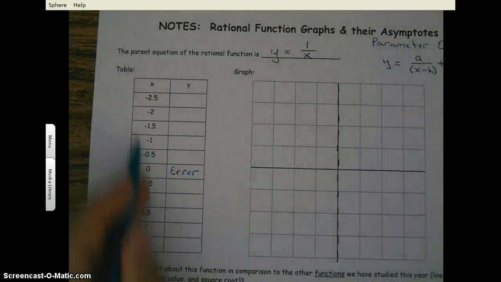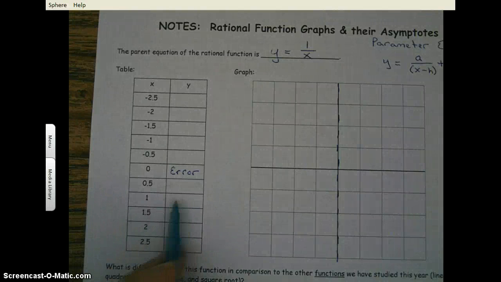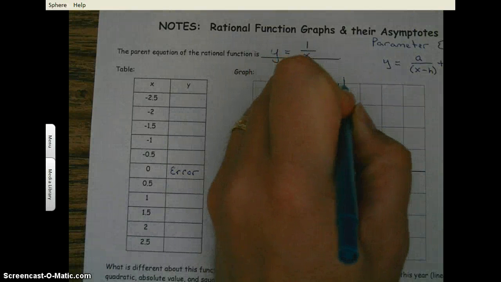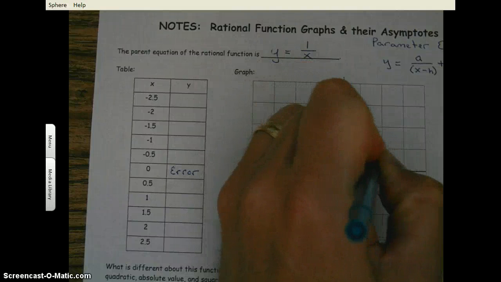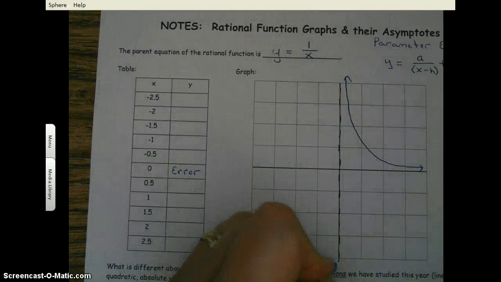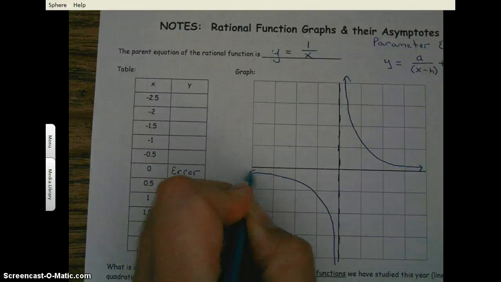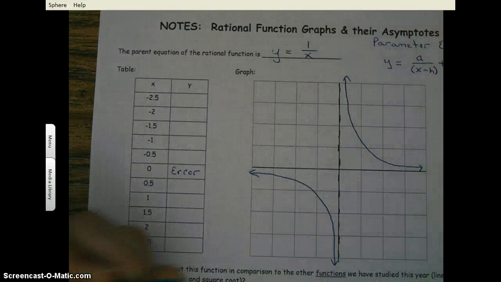Now if you graph these points, you're going to get something similar to this. I'm just sketching it. And that is your rational function graph.